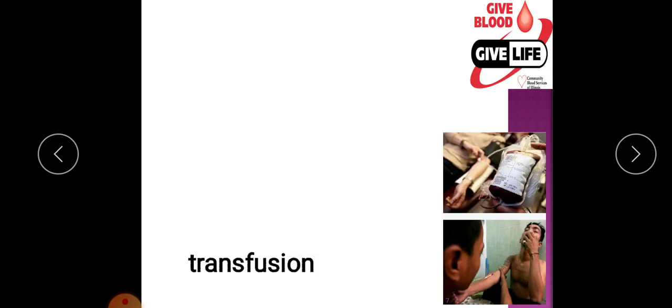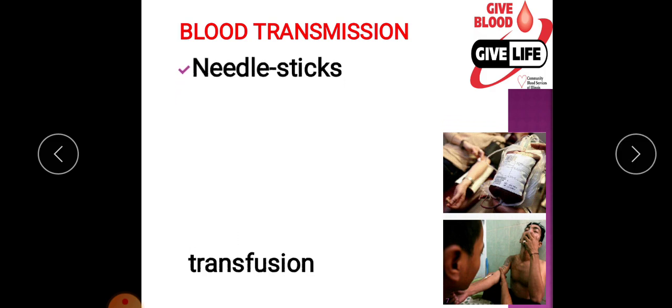Under blood transmission, first is needle stick injury. For example, if a drug addict is using a needle and then that needle is used by another individual and vice versa, they can contaminate themselves with the contaminated needle.